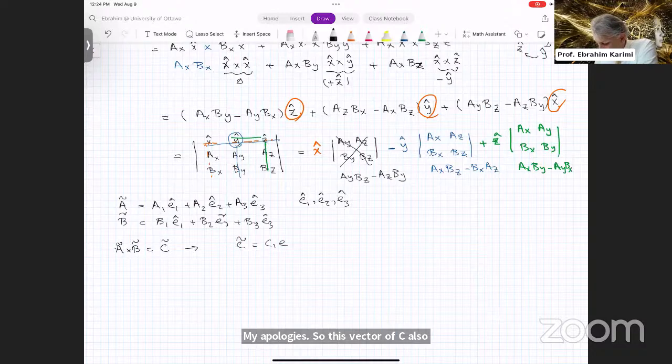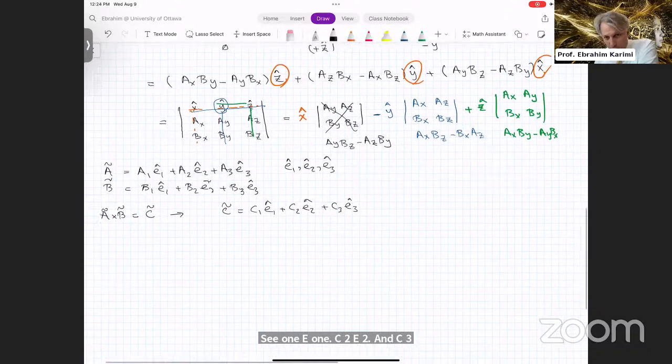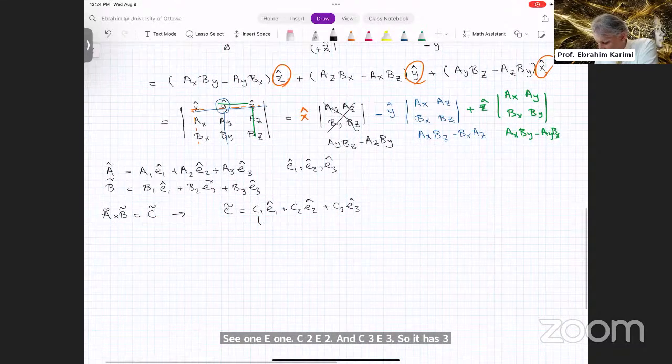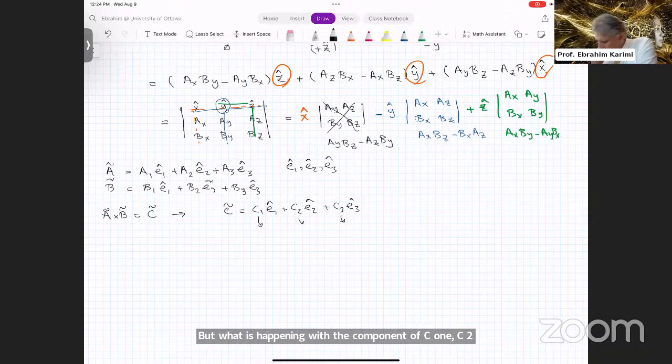So this vector C also has C1 E1, C2 E2, and C3 E3. So it has 3 components as well. But what is happening with the components C1, C2, and C3 is that we need to determine them, or express them in terms of A1, A2, A3, B1, B2, B3.